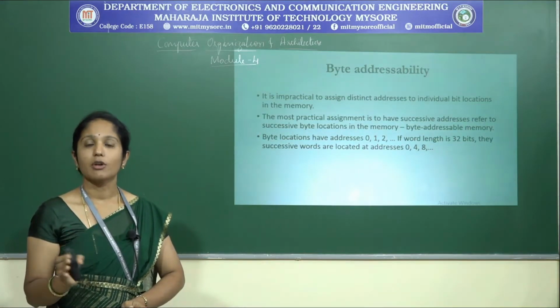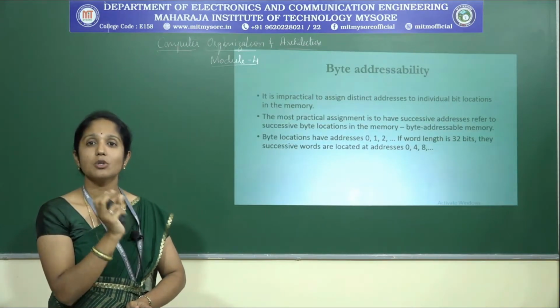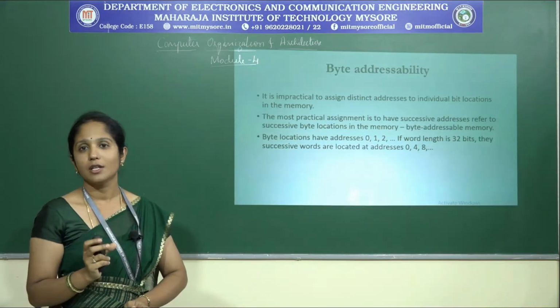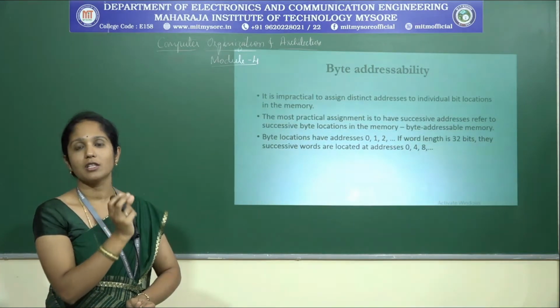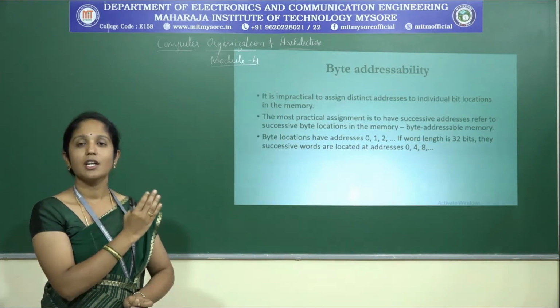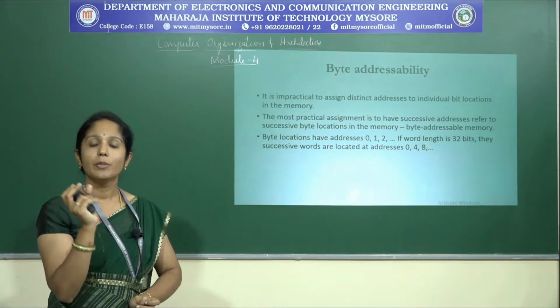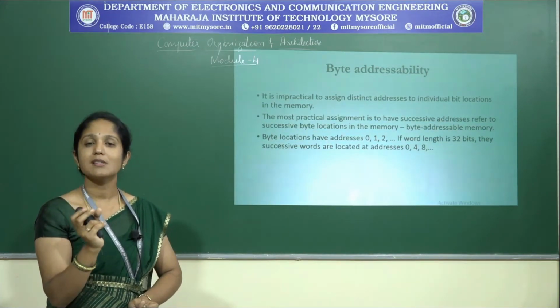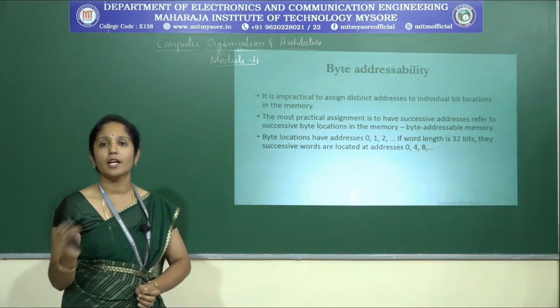So whatever 32-bit address is provided, the first 30 bits represent the word location, whereas the last 2 bits represent which byte of that particular word is involved in the processing.